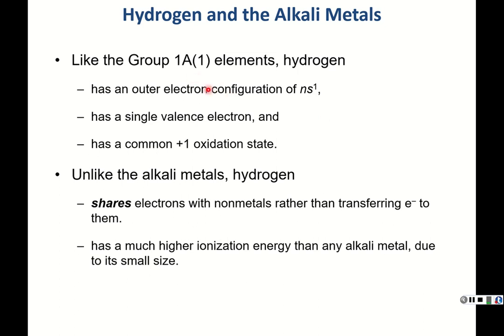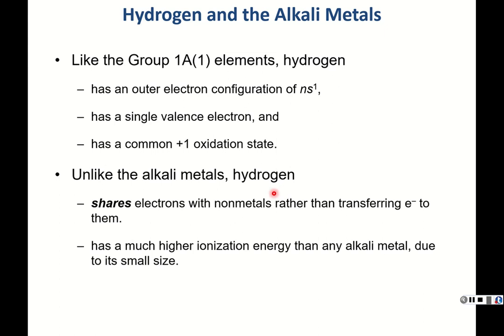Like group 1A elements, hydrogen has that same electron configuration. And it has a very common oxidation state of those alkali metals, a +1 oxidation state. It can readily give up that electron and become just a proton.